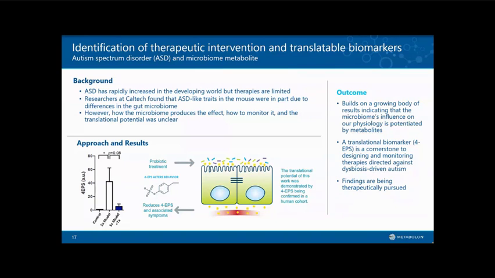Clearly, it would be a valuable marker in overlaying it with a development program directed against this particular dysbiotic-driven autism. And incidentally, there are active therapeutic programs that are ongoing right now. Maybe the wider lesson here too, and I think Greg and Annie both reflected on this, is that this continues to build on the idea that if people want to understand the microbiome, they need to look at metabolites, because they're often the functional end of this interaction.